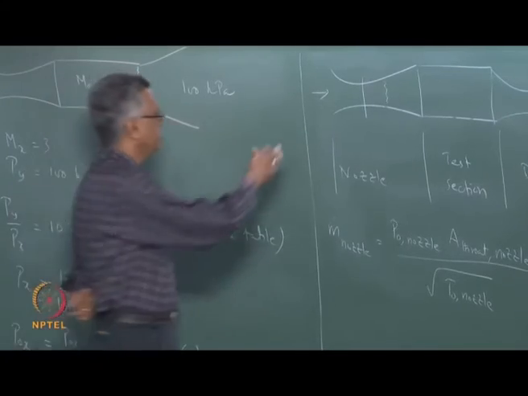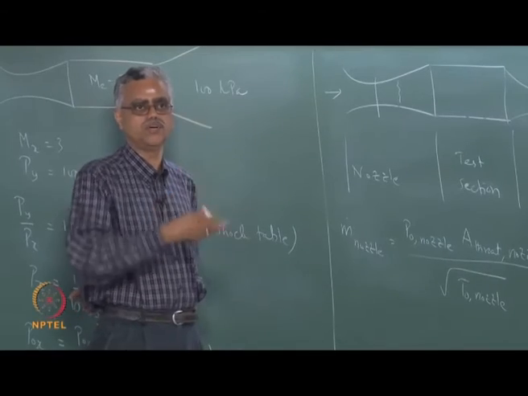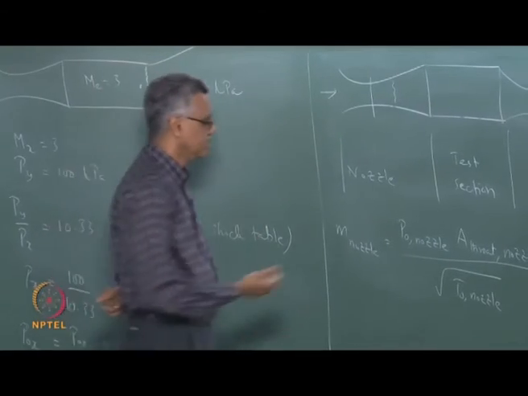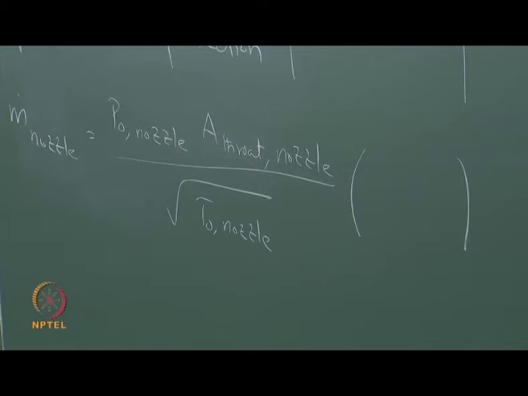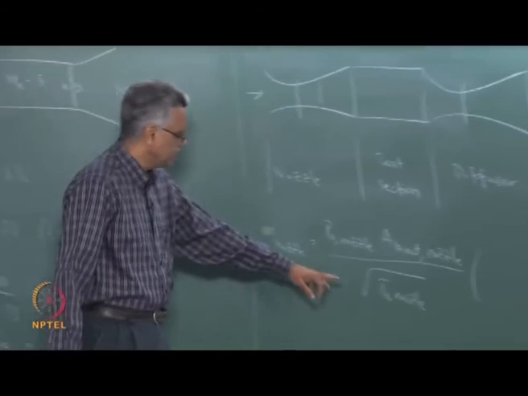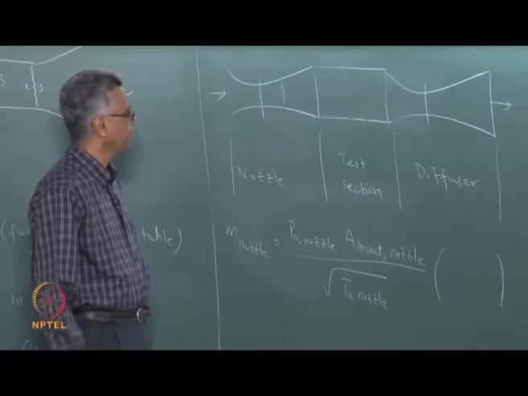That will remain the same because the same gas is going through both of these. Remember, there is a square root of gamma over R, there is a big expression which is immaterial to our discussion. So, I am just going to leave that as it is. Okay. And remember, the stagnation temperature remains constant throughout, there is no change in the stagnation temperature.